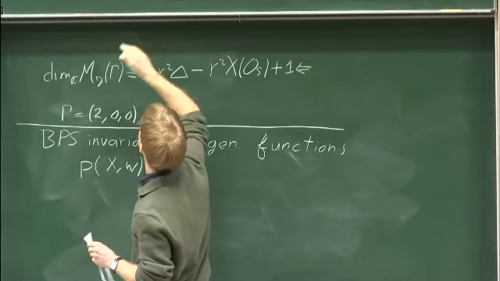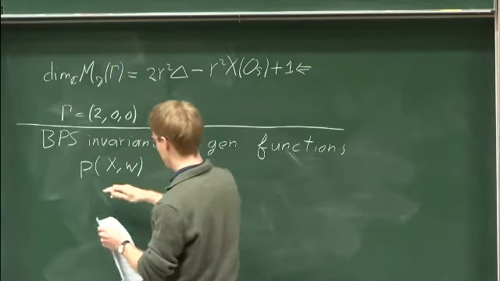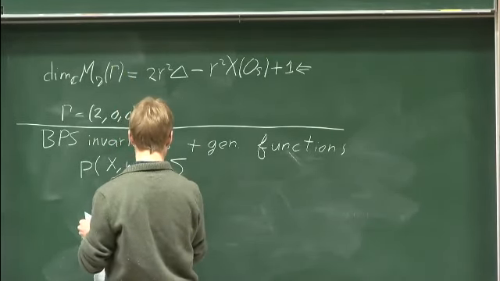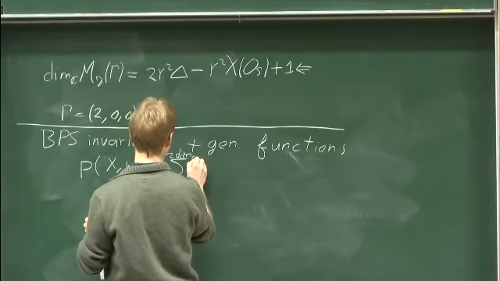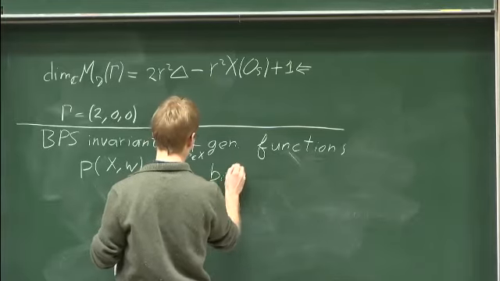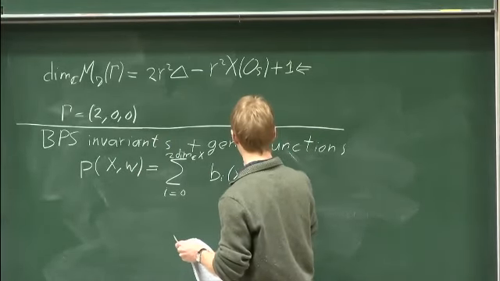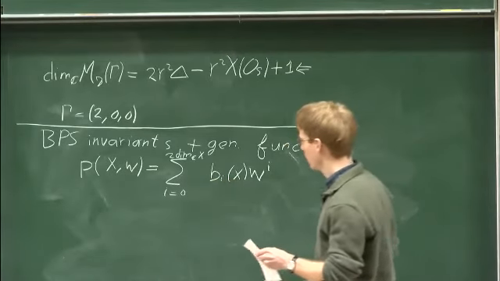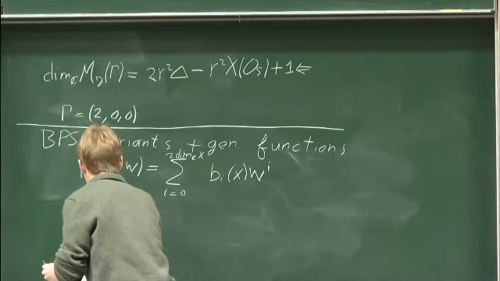I hope it's not too confusing that the subscript j distinguishes them. This is the Poincare polynomial, defined by the sum over i from 0 to 2 times the complex dimension of X, which enumerates the Betti numbers of the manifold X.